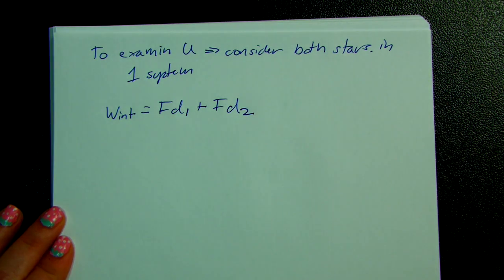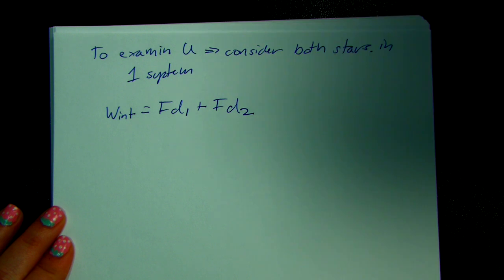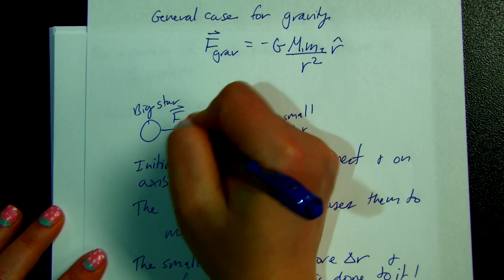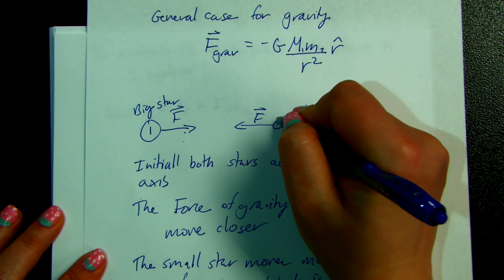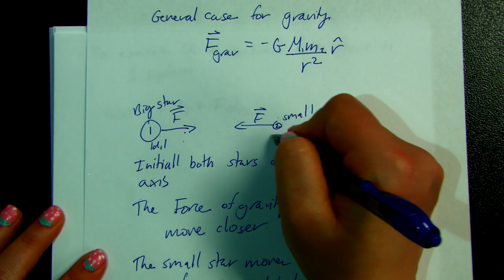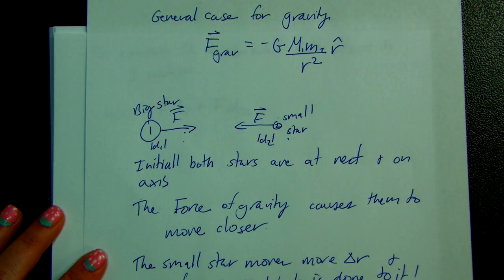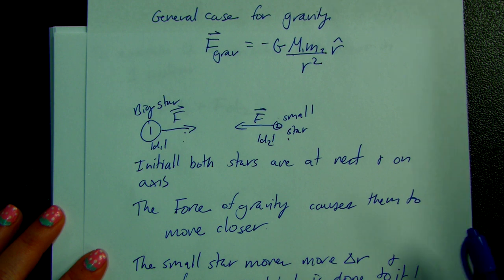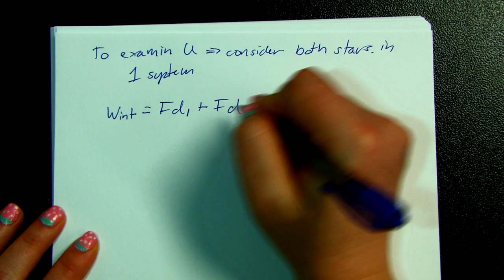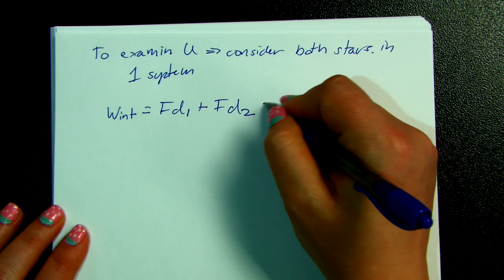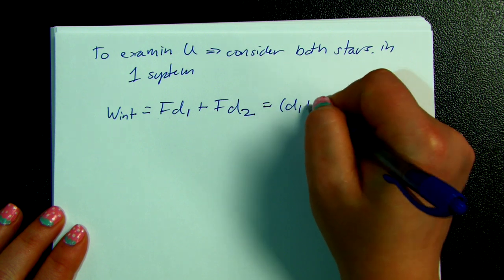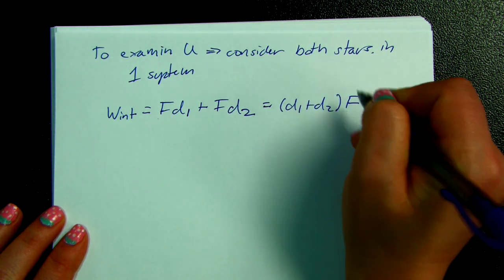So we're going to have star 1, star 2, distance 1, and distance 2. We know this force is the same, so we can factor it out. This is equal to distance 1 plus distance 2 times the force.